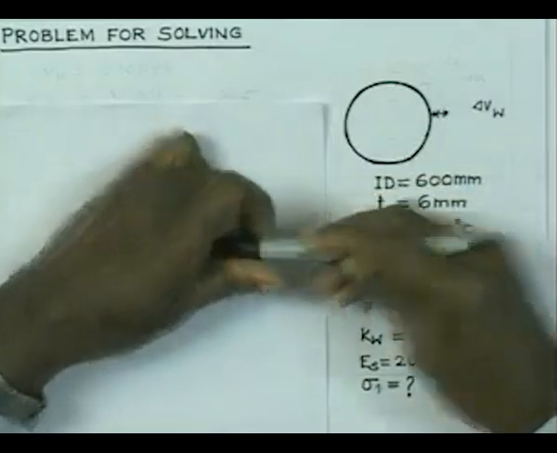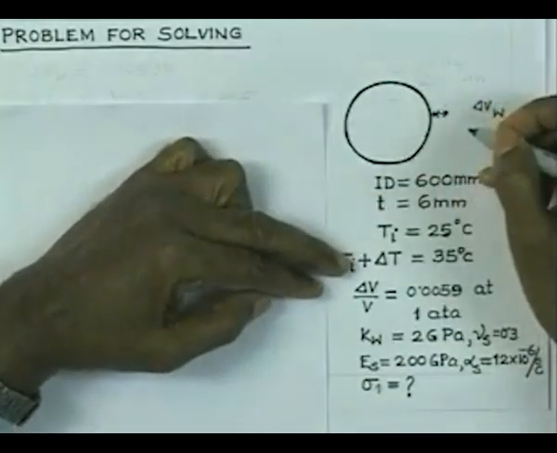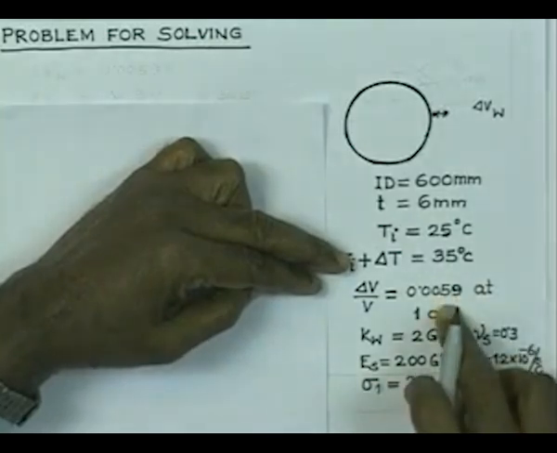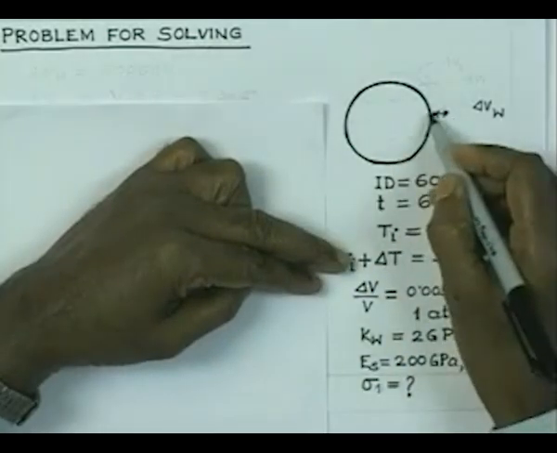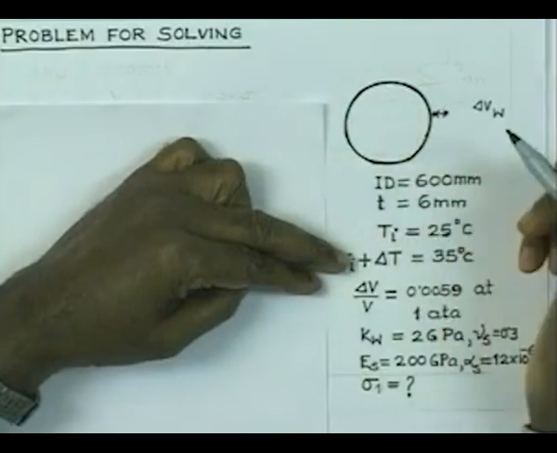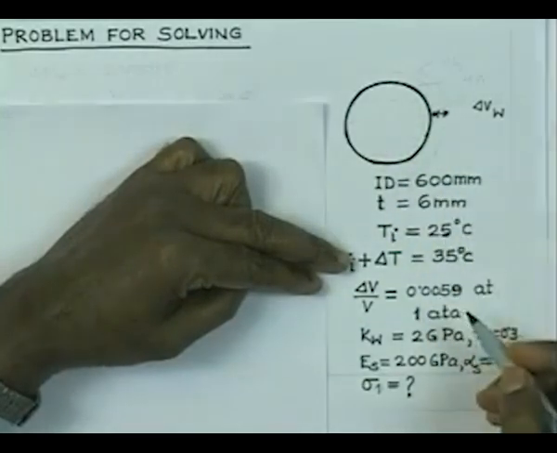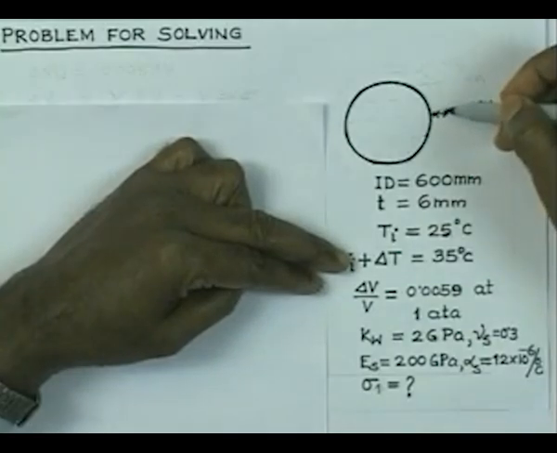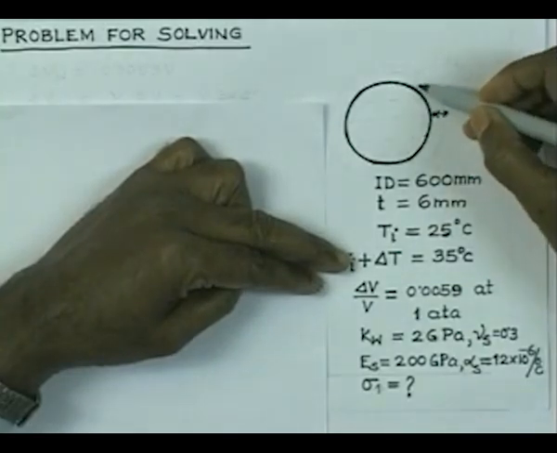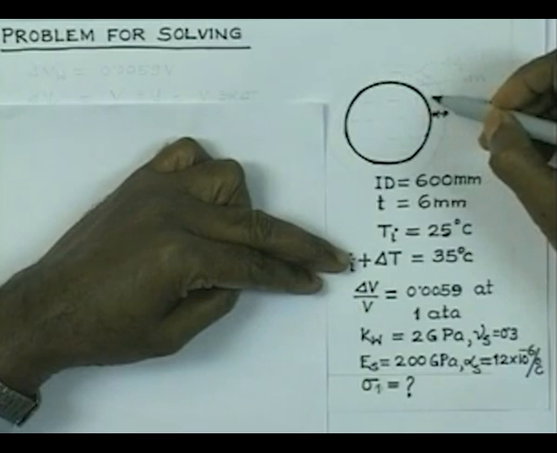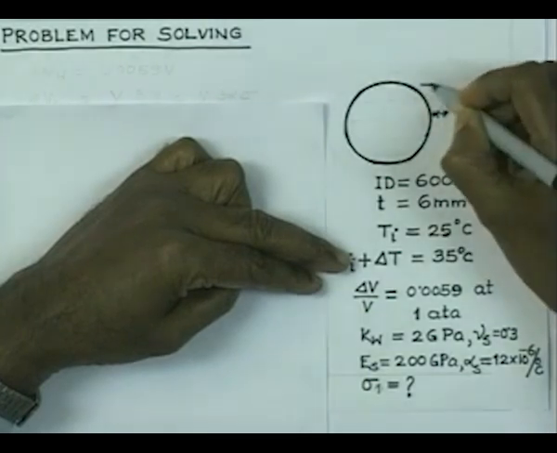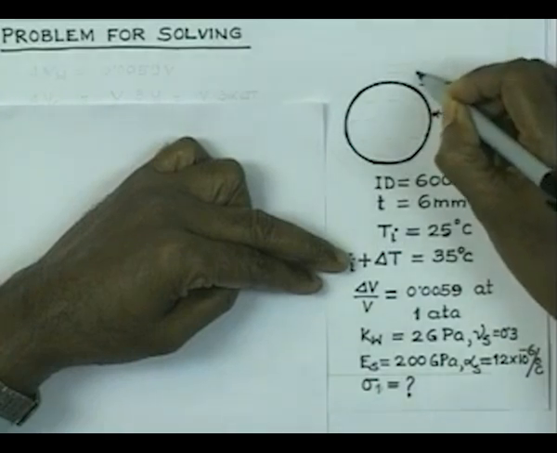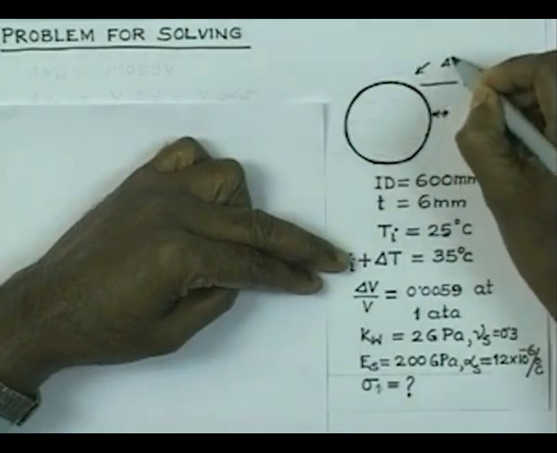In this case your volume increase in the water is not exactly delta V W, it is going to be the change in the volume of water minus the increase in the size of the cell due to the temperature rise, that will become delta V W, and then this is going to be balanced by increase in the vessel dimension, let us say delta V1, and decrease in the water volume equal to delta V2.